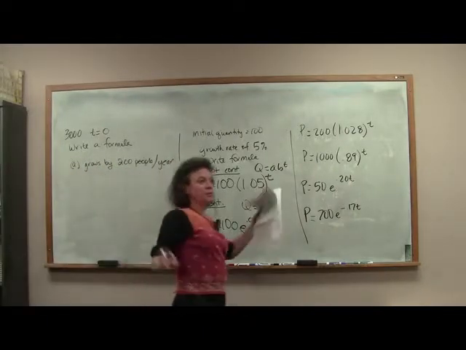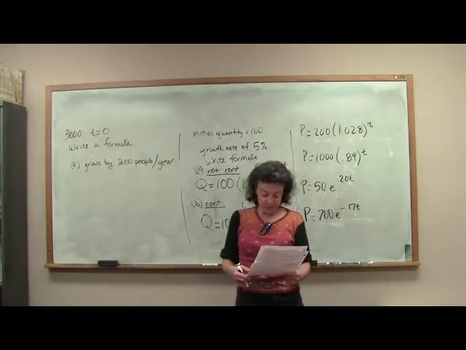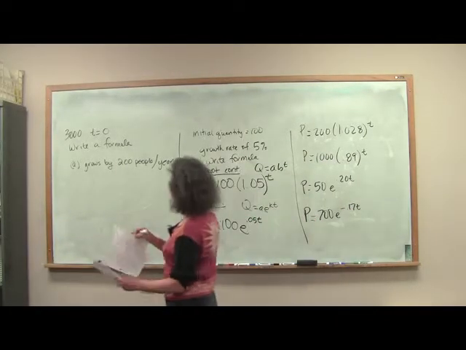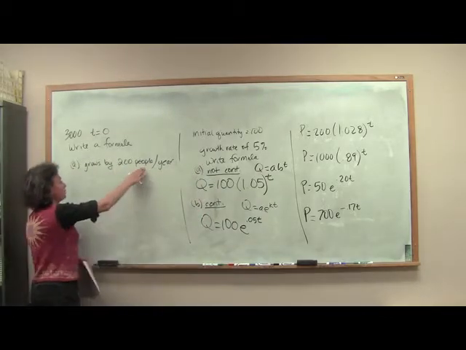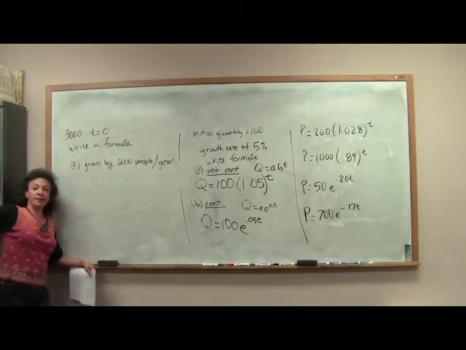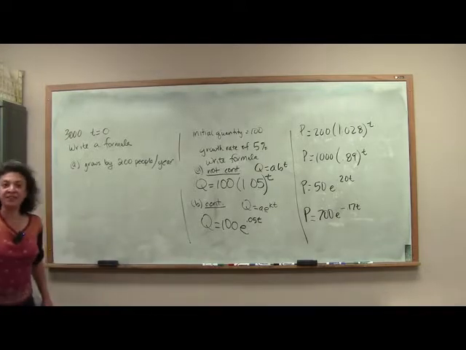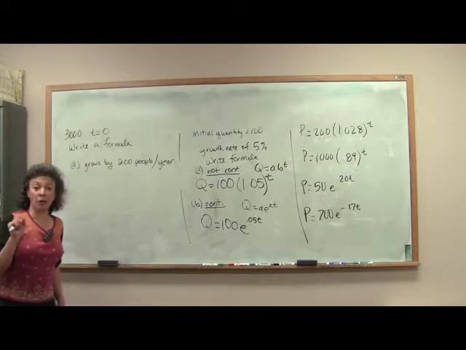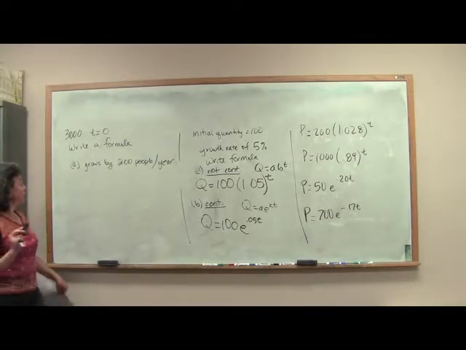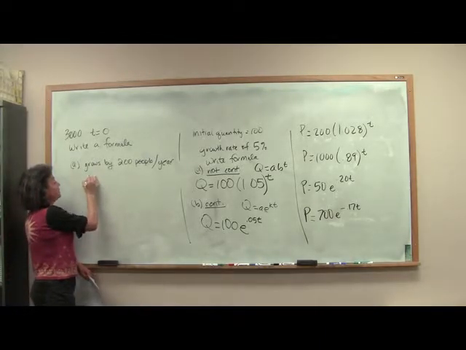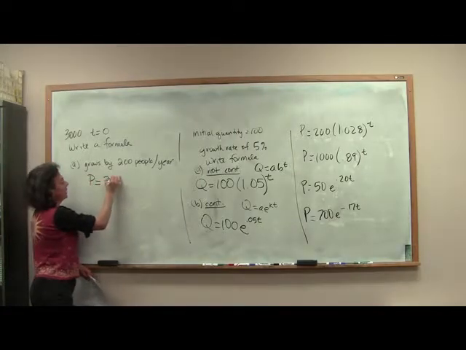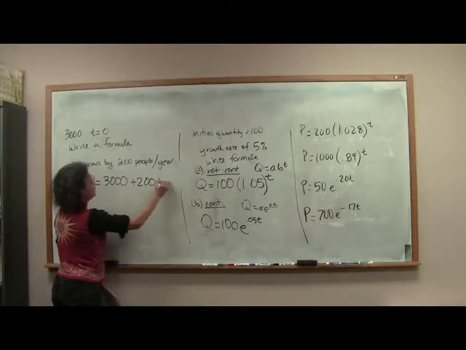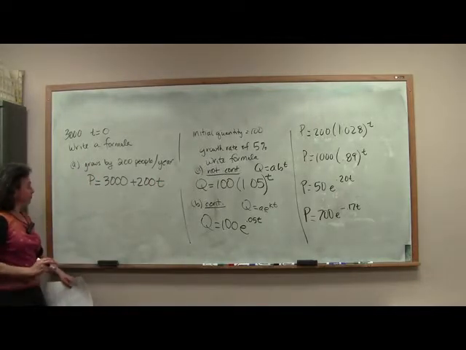Now what I'm doing is I'm really trying to take everything that we've done and put them together. Okay? So if it grows by 200 people per year, notice this is a linear function. It's growing by a constant amount. It's not a percentage. So we would say, well, we start out with 3,000 plus 200t.